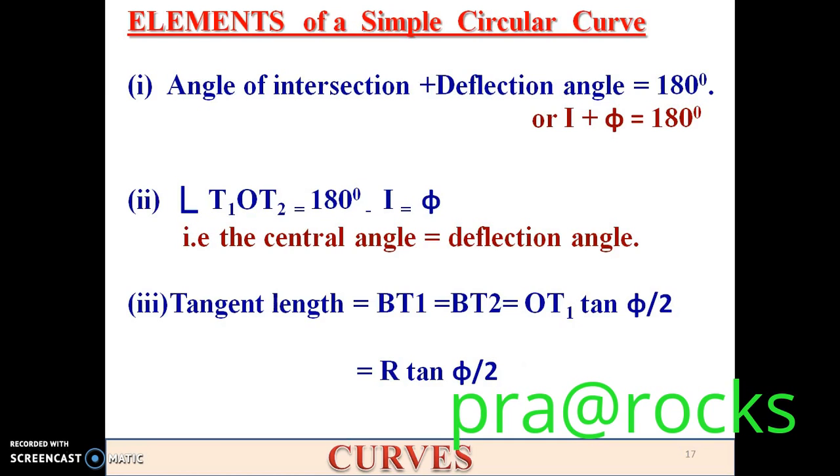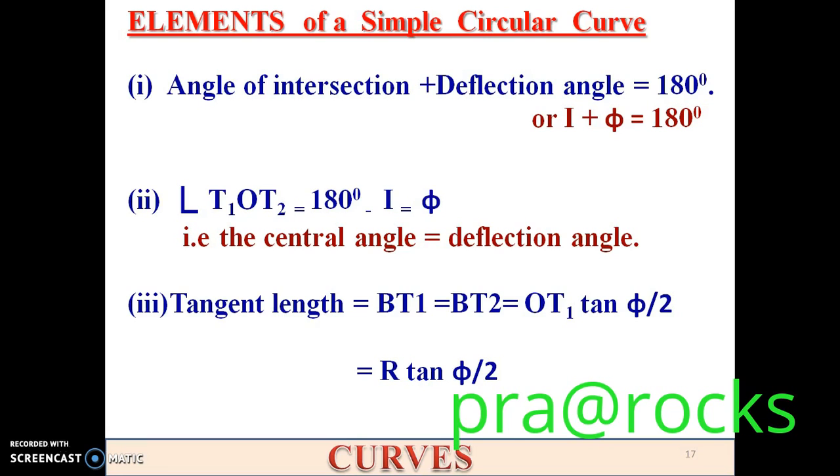And now coming to the elements of the simple circular curve. The angle of intersection plus the deflection angle, we know, is a straight line, so it forms 180. And also we know angle T1OT2 is equal to 180 minus I, which is equal to phi. That means the central angle is equal to the deflection angle.